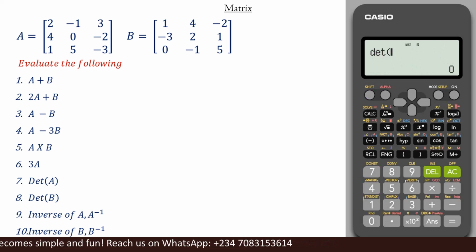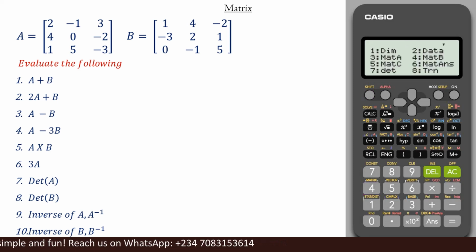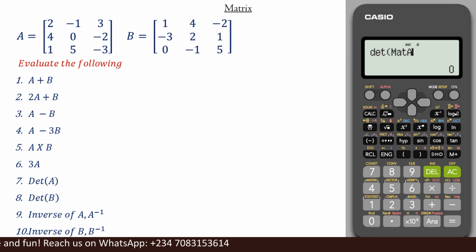I will say shift, matrix A. I'll say det matrix A. That is determinant of matrix A. Are we together? Yes. I'll say equal to. It will give me 70. So that is the determinant of matrix A.